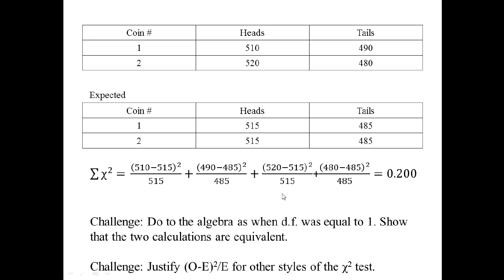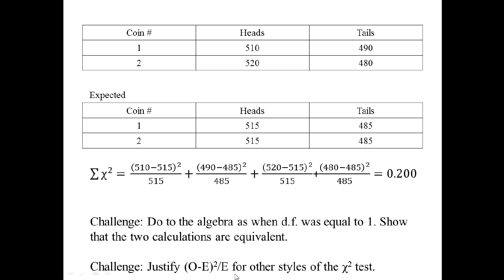But another challenge that perhaps someone will be able to solve, or maybe I'll do an additional video on it, is to justify this calculation, O minus E squared over E, for other styles of the chi-square test. You might have noticed that the style that we're doing right here could be tackled pretty nicely by just doing z-tests for proportions, or a binomial style test.